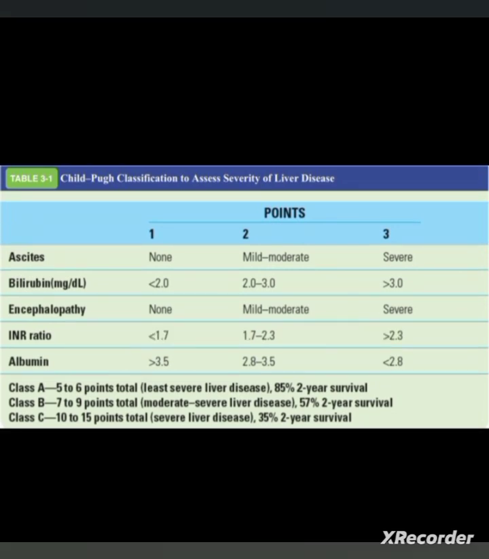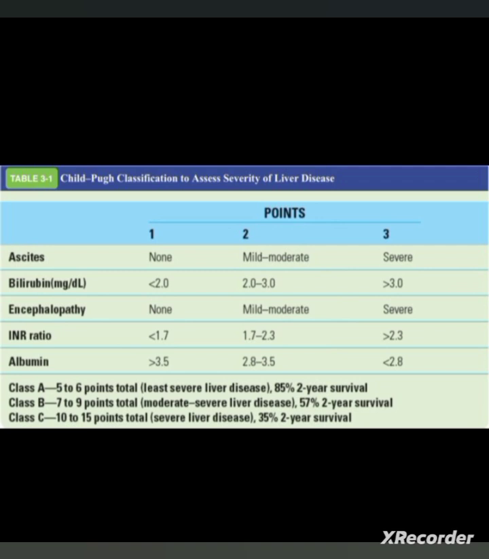The main use of the Child-Pugh score is to assess the prognosis of liver disease, namely cirrhosis and chronic liver disease. The next usage is that it can predict the mortality during surgery.